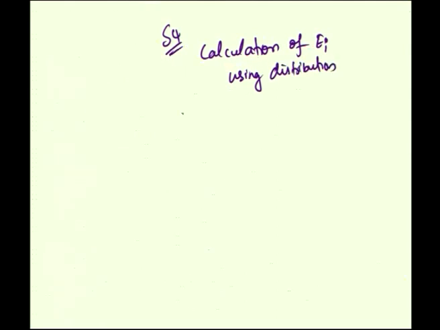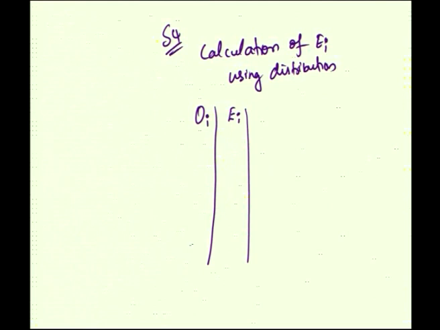And then we calculate the chi-square part. Chi-square part is calculated using this tabular column. First of all, you have to list out OI values which is given in the question. Then you list out EI values which you have calculated. When these two columns are formed, we have to check whether summation OI is equal to summation EI.